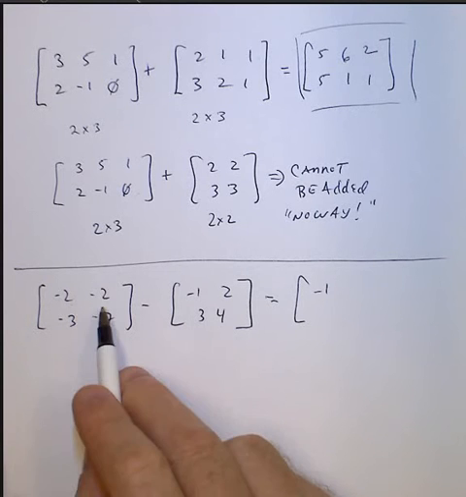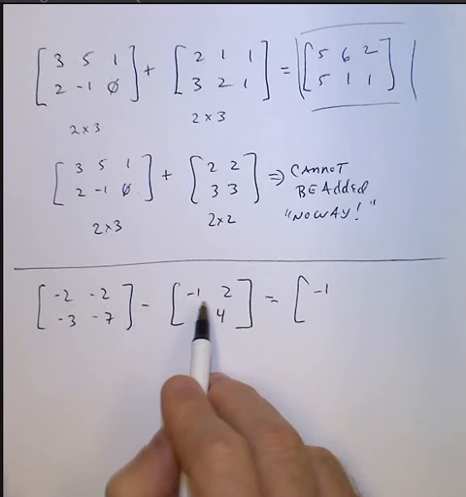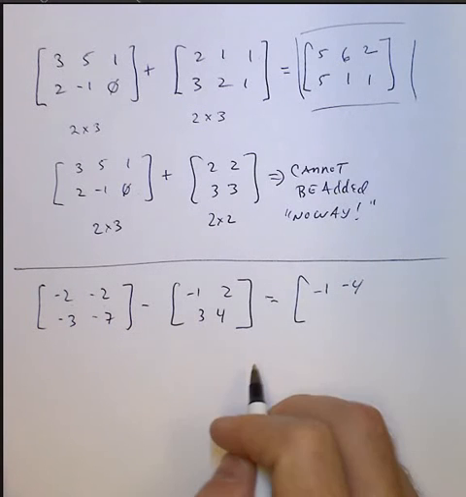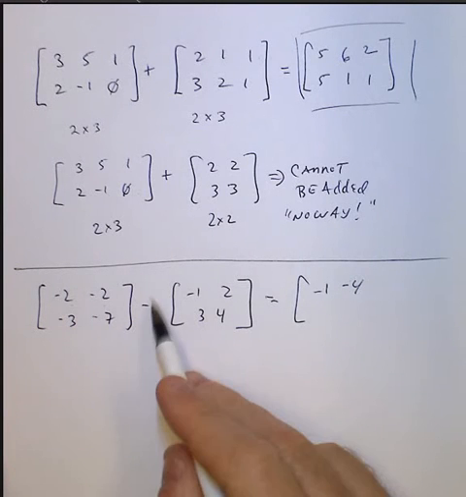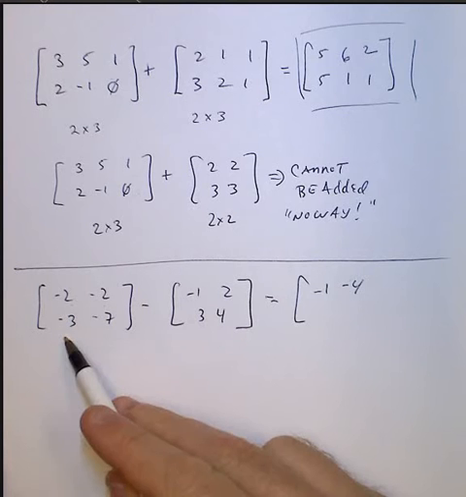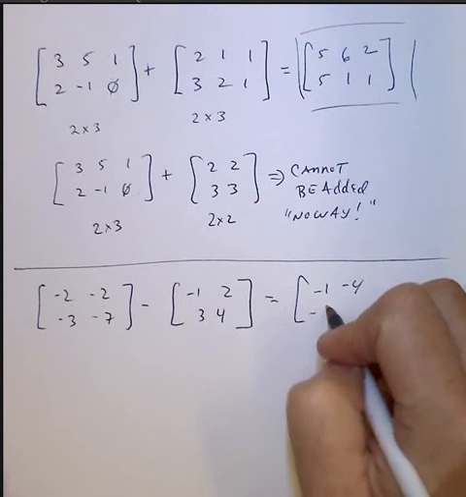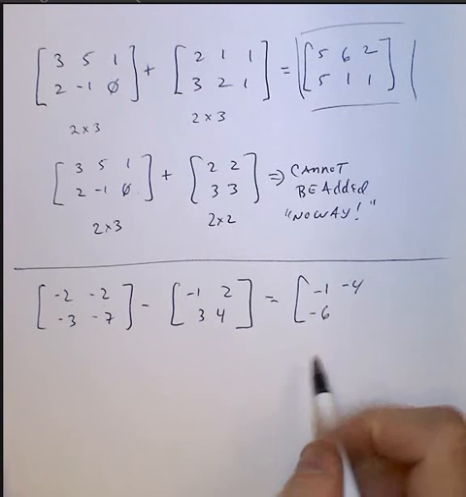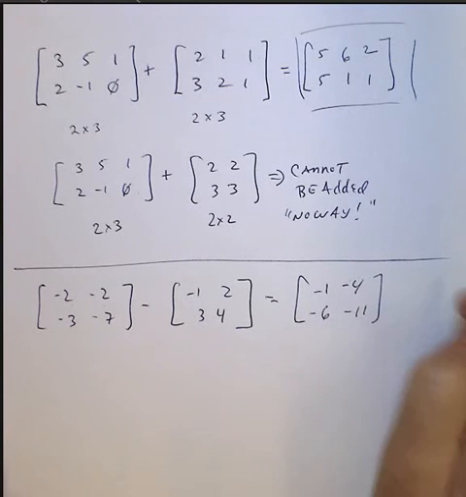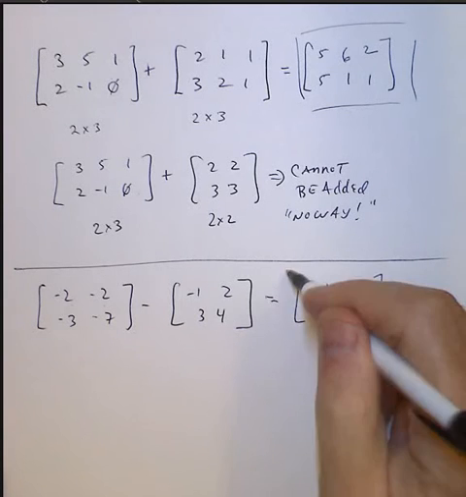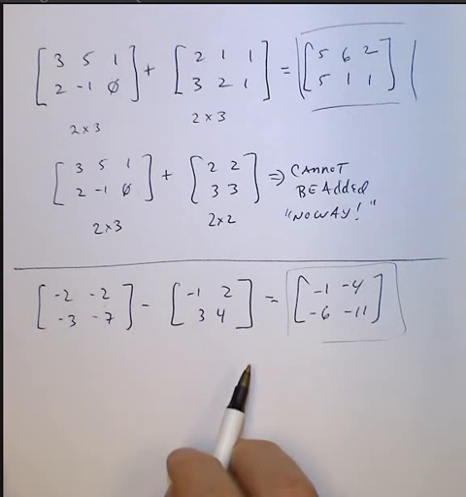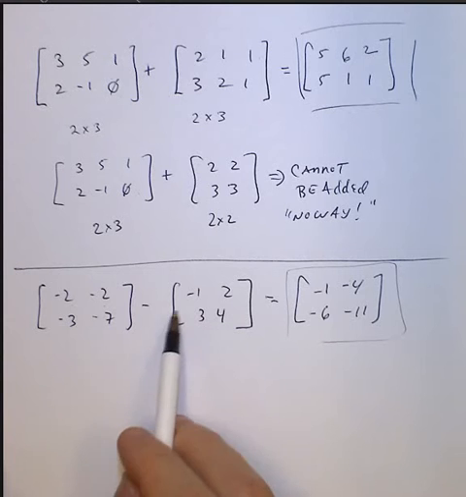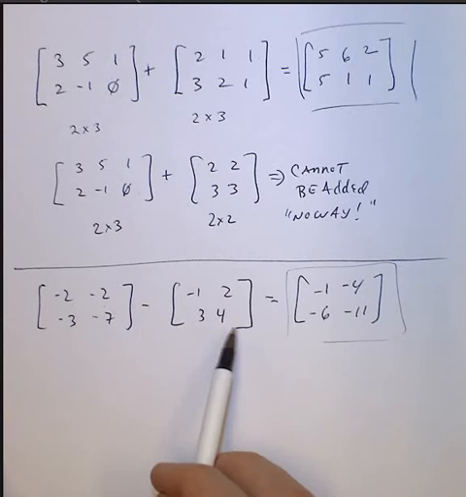Negative 2 minus 2, it's not 0, it's negative 4. Negative 3 minus 3, it's negative 6. Negative 7 minus 4 is negative 11. You can use your calculator, but ultimately the most important thing is that you keep track of your negatives and either add or subtract if the dimensions are the same.